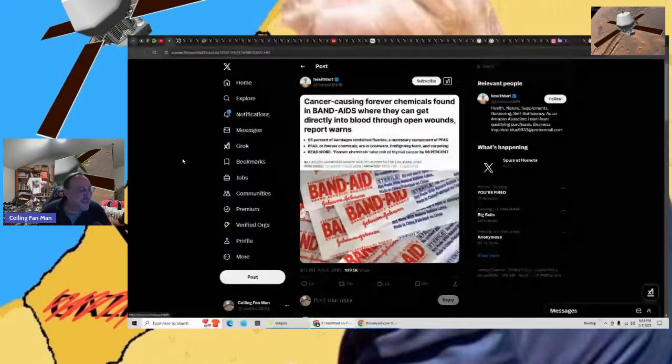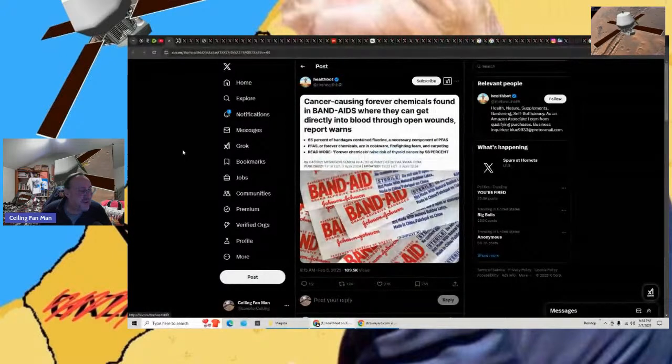So if you have Band-Aids, it's time to switch to, I don't know what's better, they're probably all the same. Just gauze and tape, I guess. Or gauze and duct tape. If duct tape's good enough for the space shuttle, then it's good enough for me. Band-Aid is like when you have a runny nose and say, can you get me a Kleenex?